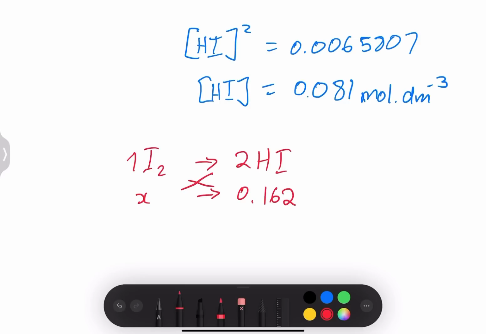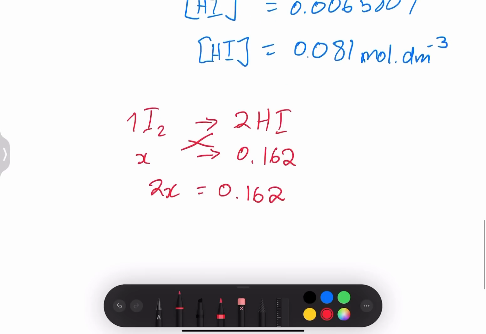All we do is cross multiply. 2 times x is 2x, and 1 times 0.162 is 0.162. I can divide that by 2, and that will give us 0.081.